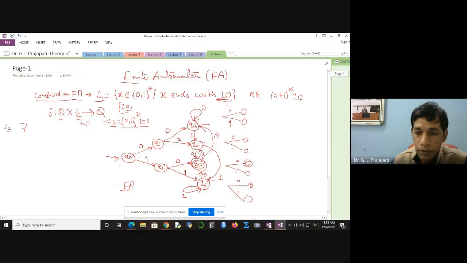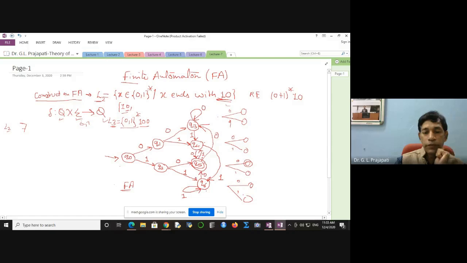Then this will be the final state, and similarly you have the other states.